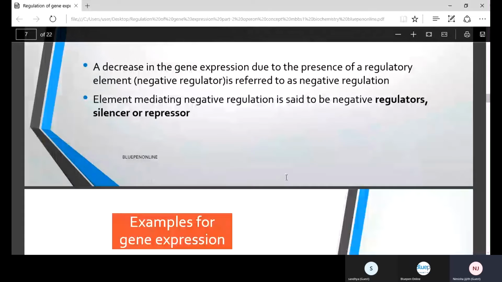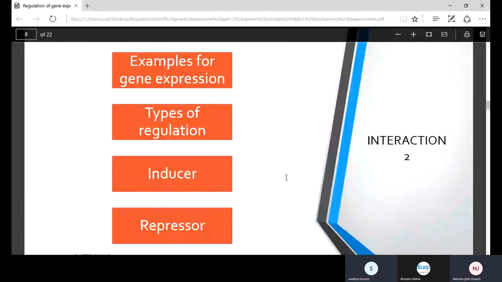Can you give me examples for gene expression? We already discussed insulin, so no need to explain once again. What are the types of regulation? Positive regulation and negative regulation. What is meant by positive regulation? It is when expression is increased by some regulatory elements. Positive regulators increase the expression, and they are also known as activator or inducer.